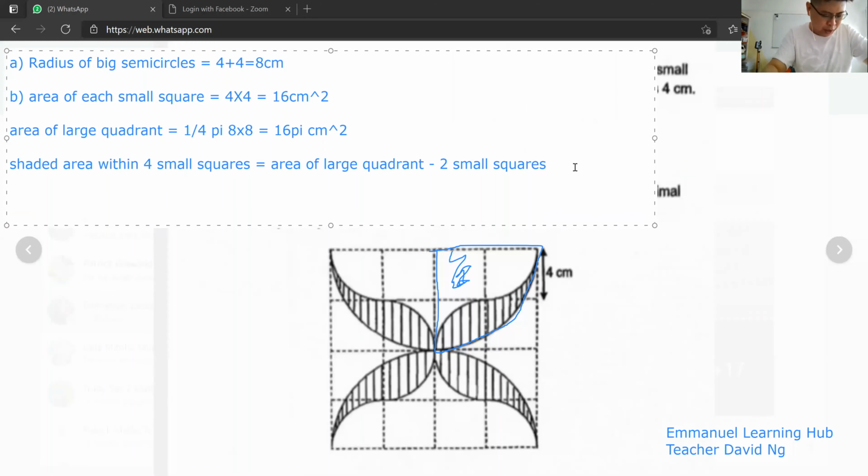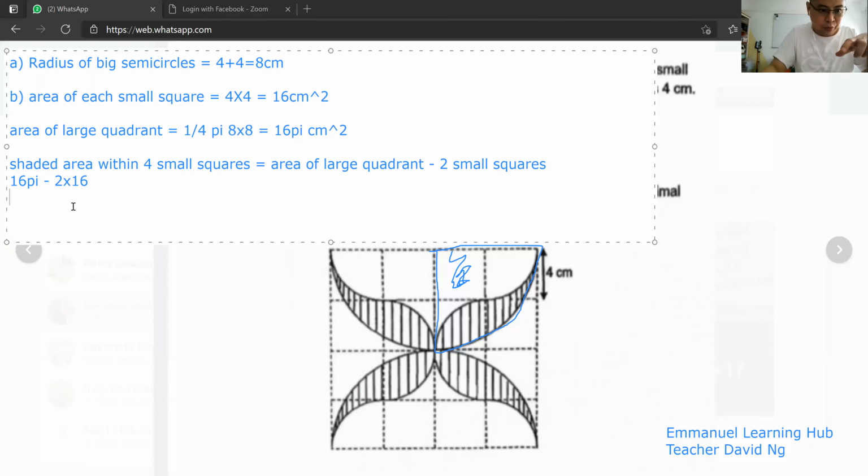That's equal to 16 pi minus 2 times 16, which is 16 pi minus 32.